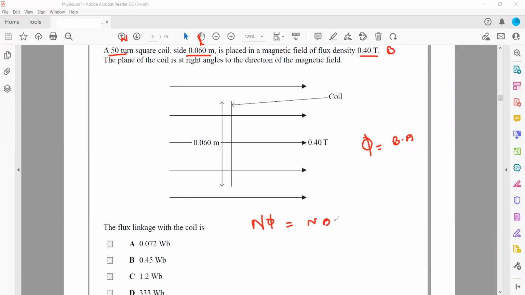So it will be NBA, where N is the number of turns, that is 50. B is the strength of the magnetic field, 0.4, and A is the area. Because this is a length, and as they mentioned it is a square coil, the area will be L squared, so it is 0.06 squared. When we solve this, N phi will come out as 0.072 Weber.